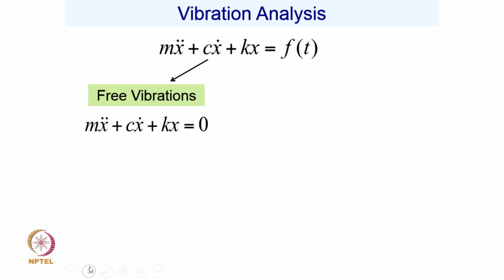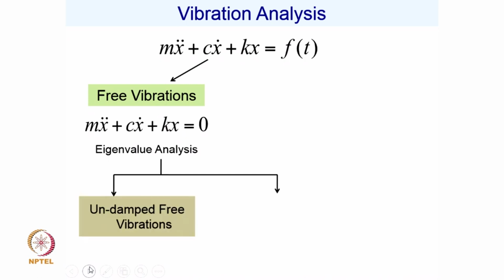Now, many times it is also convenient to obtain the free vibration response by neglecting damping in the system. Typically, in a mechanical system with structural elements where there is no explicit dashpot and fluid friction is not present, damping indeed is of a lower order, and therefore, the vibration analysis can be done with c x dot set to 0. So there are two ways in which this free vibration analysis is done.